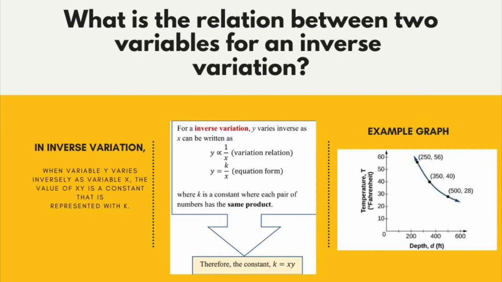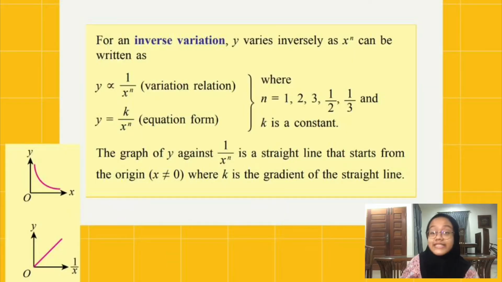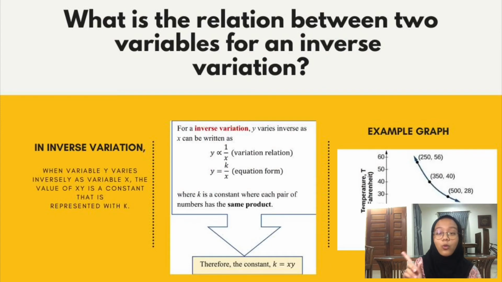In inverse variation, y varies inversely as x can be written in two forms: variation relation and equation form. In variation relation, you have to use the ∝ symbol, which is y ∝ 1 over x. In equation form, we replace it with k, so y equals k over x, where k is a constant and each pair of numbers has the same product.